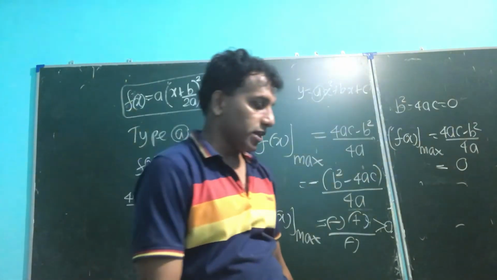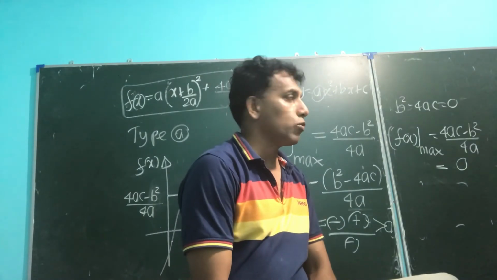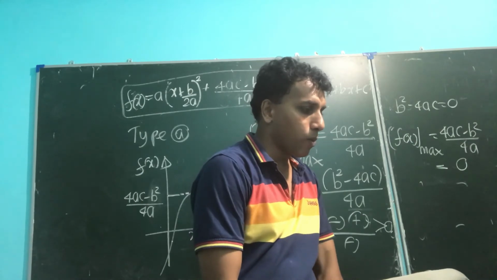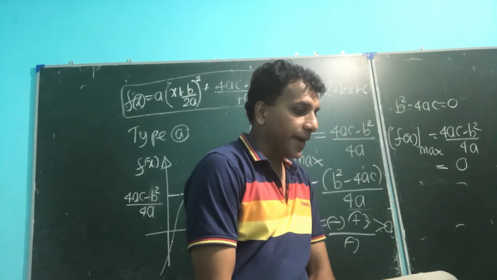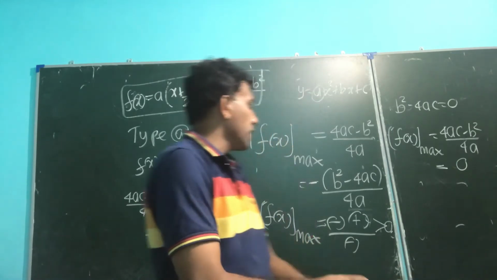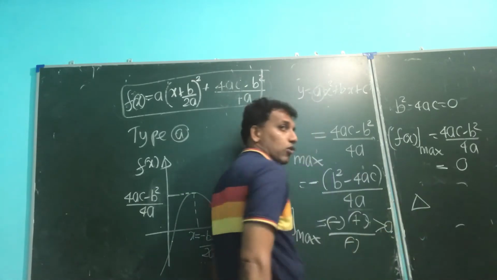Therefore, write the summary, write this. Therefore, if A less than 0 and delta equal to 0, delta means the small triangle shape called delta, short form.